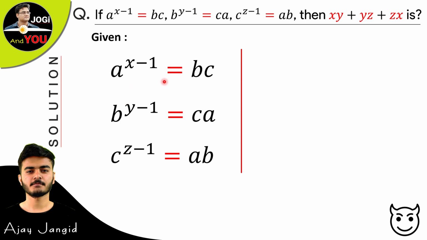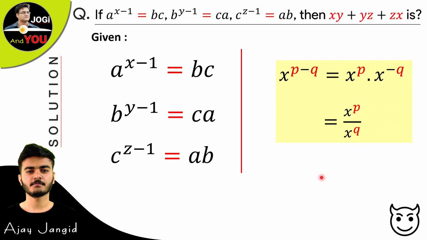What we have? a to the power x minus 1 is equal to bc. First of all, we have x minus 1 in the power, so let's split it. For splitting this, what formula do we have? If we have x to the power p minus q, then we can split this as x to the power p multiplied by x to the power minus q, or we can write this as x to the power p upon x to the power q.